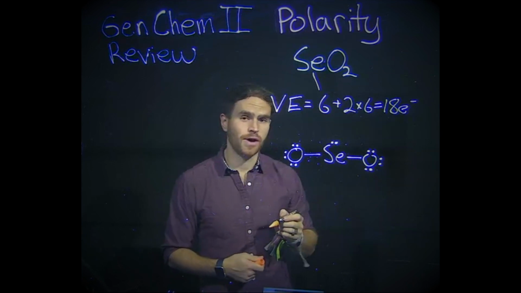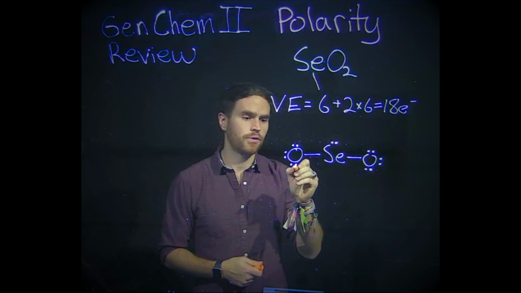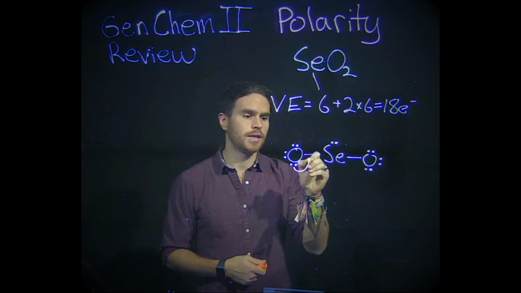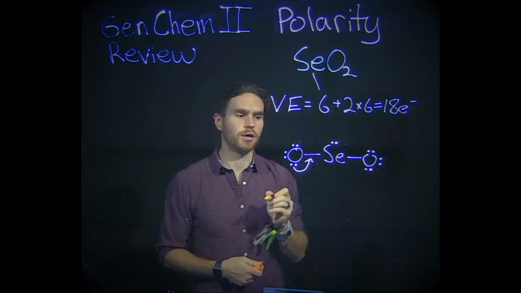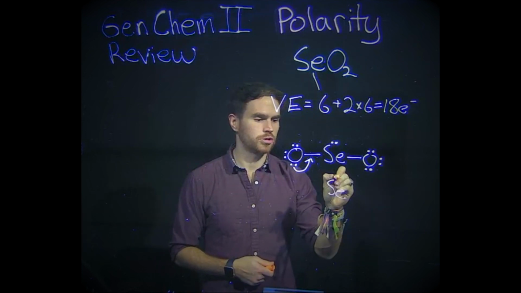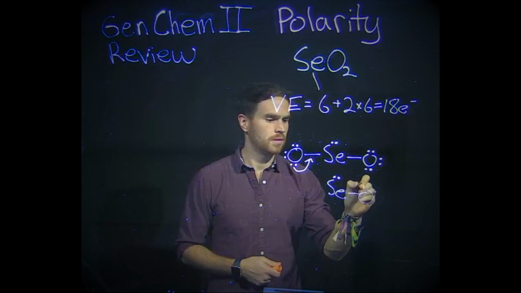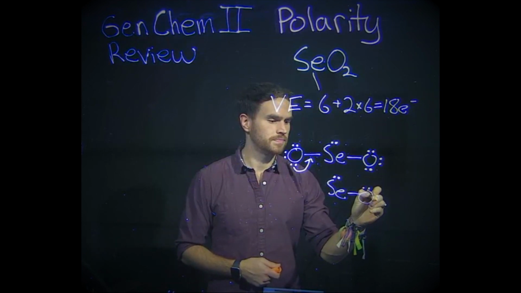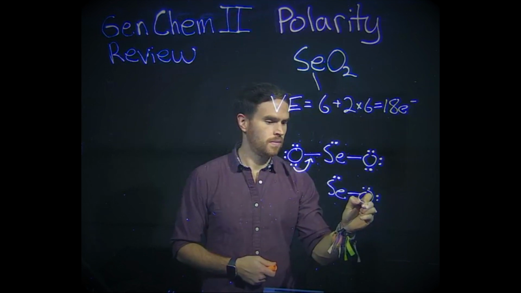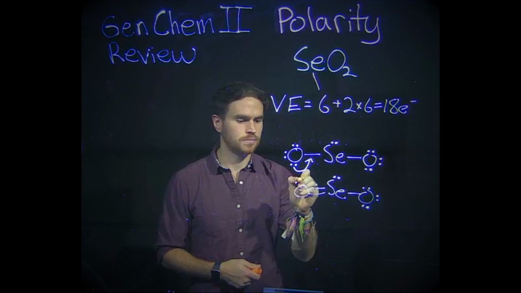In order to satisfy the octet rule, we can take electrons from one of the oxygens and use them to form a double bond with selenium, giving us a Lewis structure which looks like this, with a double bond to the oxygen.